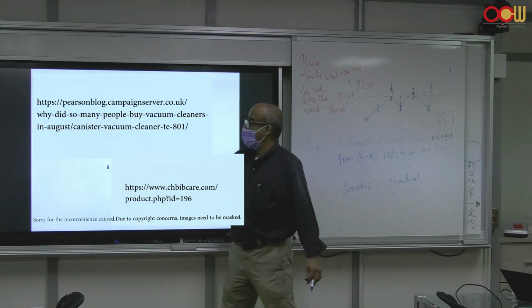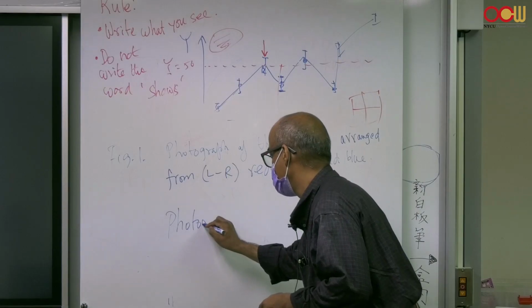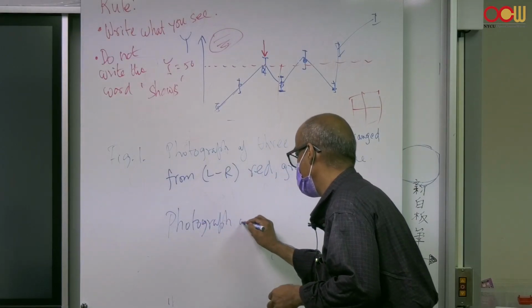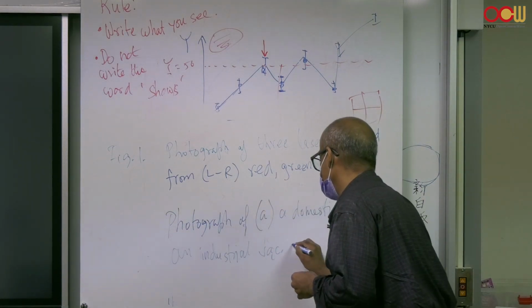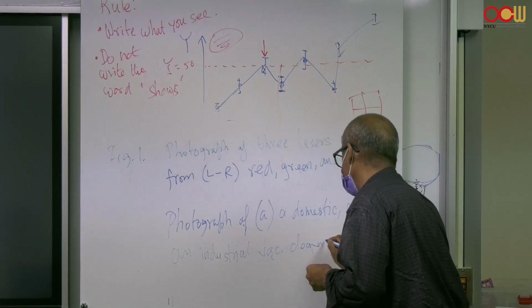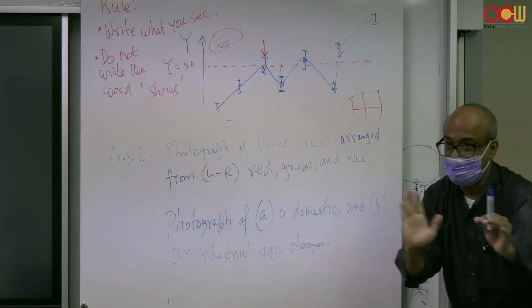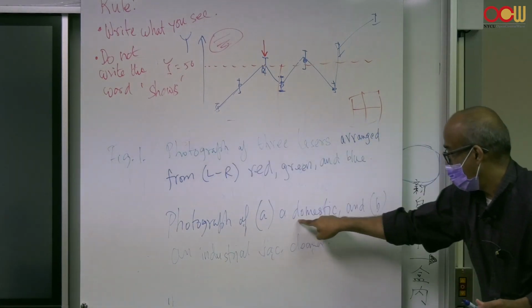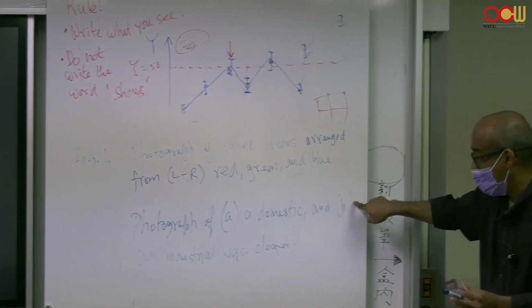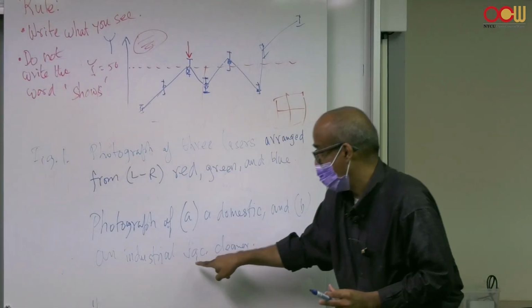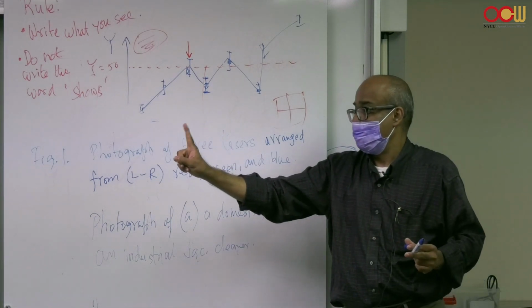If this is the same figure, A and B, I would write it: photograph of is common. A, domestic, comma, space, and B, an industrial vacuum cleaner. So the word vacuum cleaner comes only once. I don't use it 2 times.